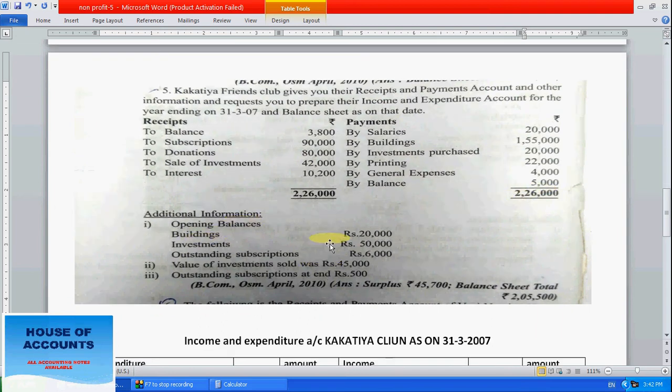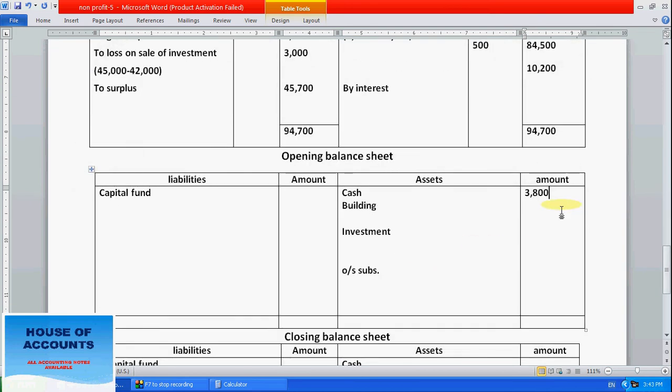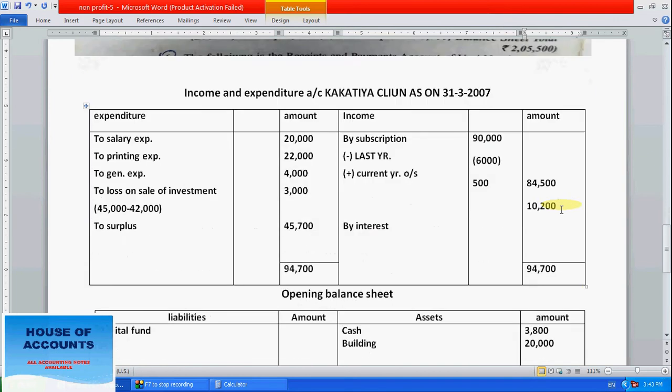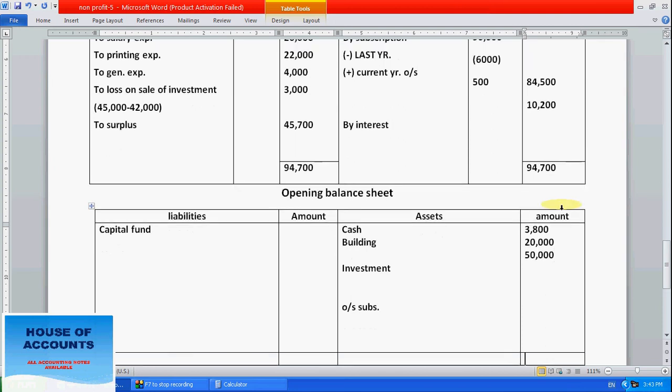Now the opening balances are: building 20,000, investment how much? 50,000, subscription 6,000. So right here building 20,000, investment 50,000, and subscription is 6,000.